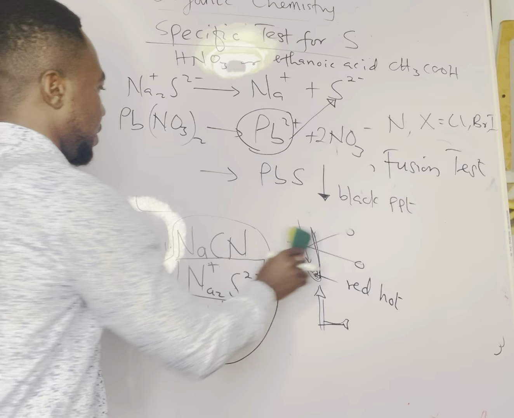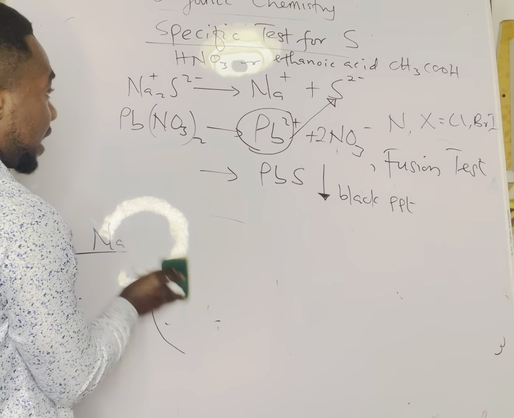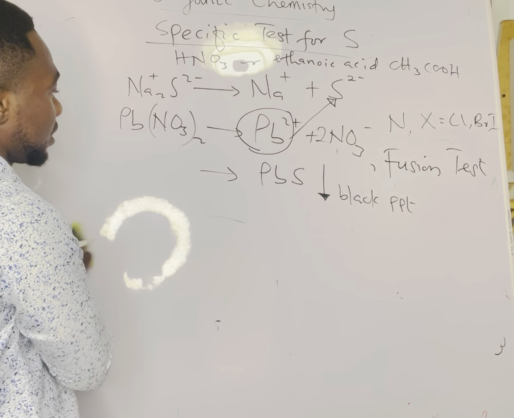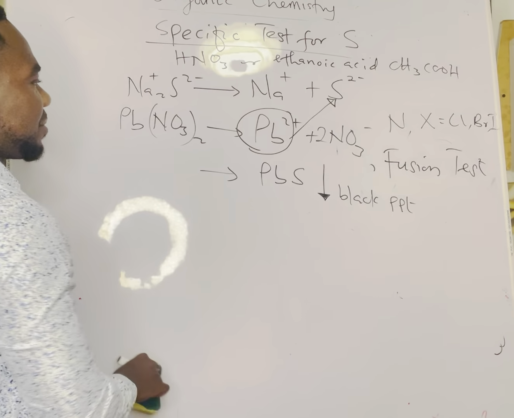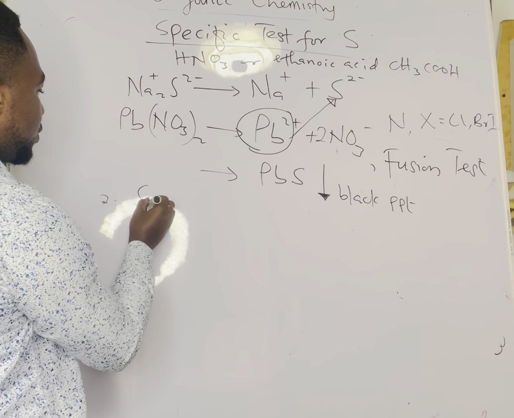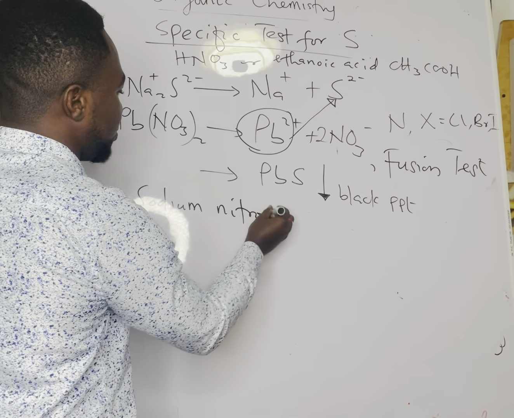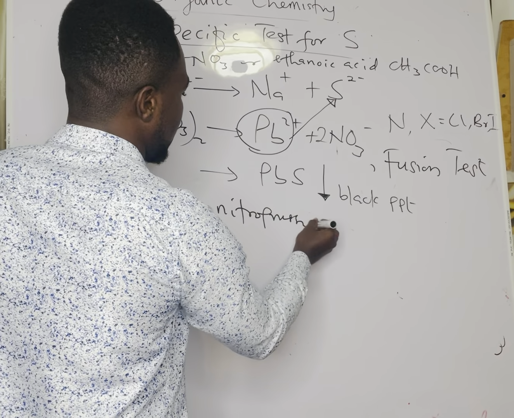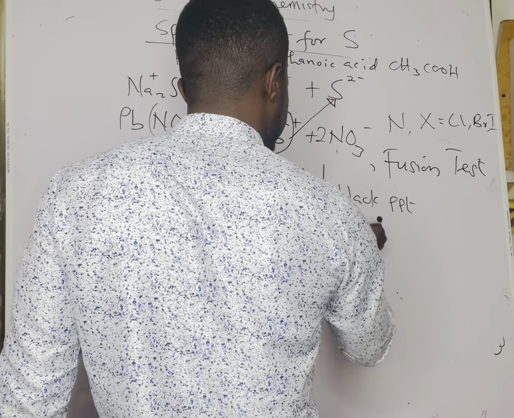Or if you don't have ethanoic acid or lead acetate to determine the presence of sulfur, then you can add sodium nitroprusside.